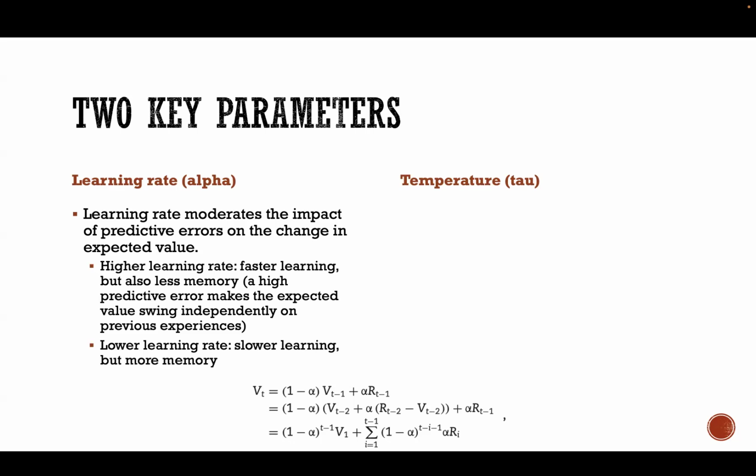Right, so the higher the t, the closer you are to the current trial, which means that alpha is going to impact the effect of the reward in a higher way the closer it is to our current trial. Good.